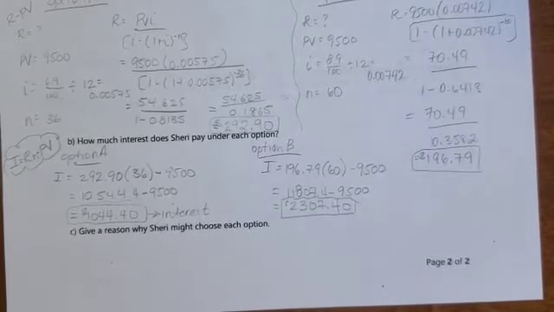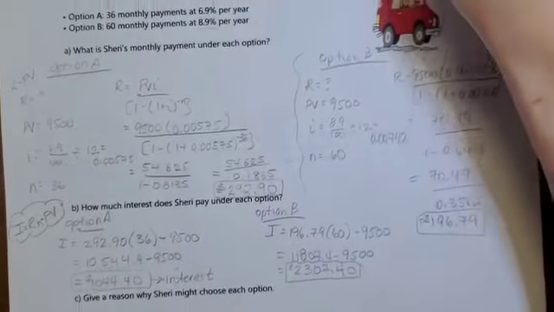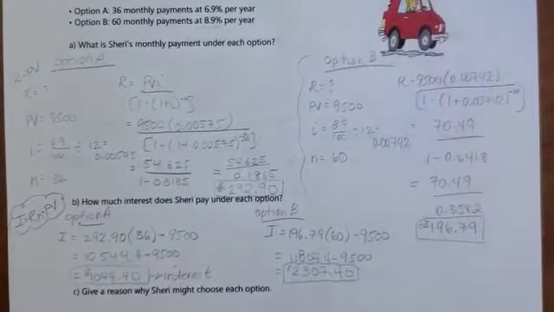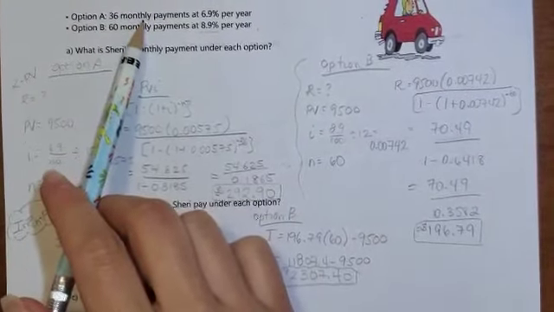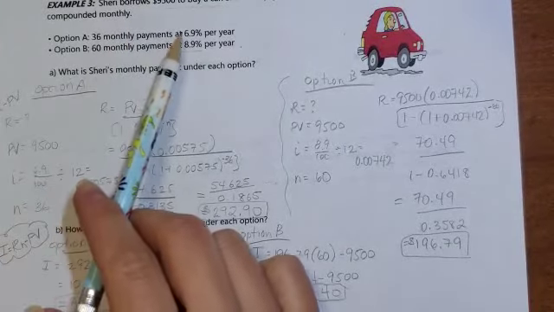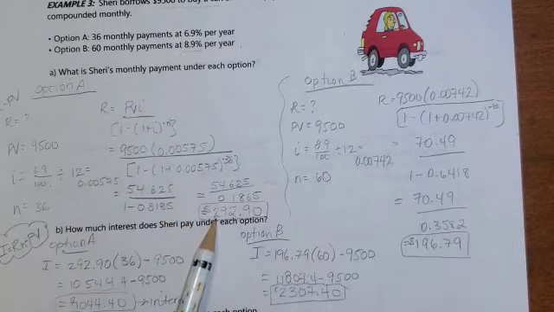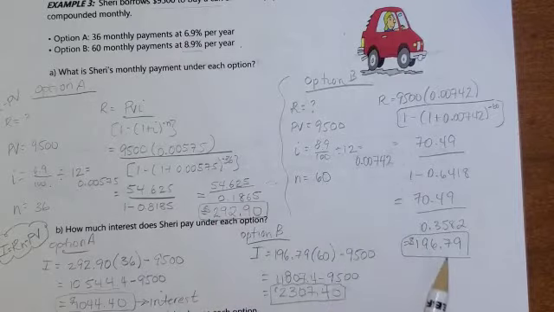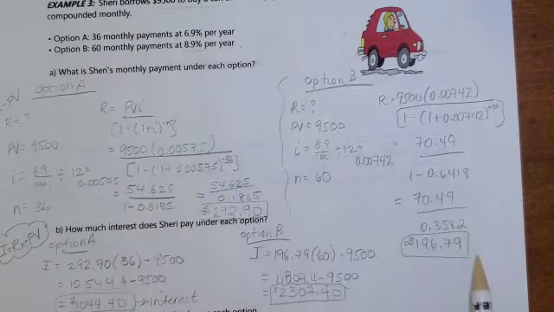So let's just take a moment to notice a few things. Let's see if I can pull this down so we can have our questions. Awesome. So we notice that in option A, we have 36 months. So our payments are definitely less than in option B, and our interest is less than in option B. But if we notice, our monthly amount is more than option B. And similarly, although we have 60 months, which is more and a higher interest, our payments are lower.